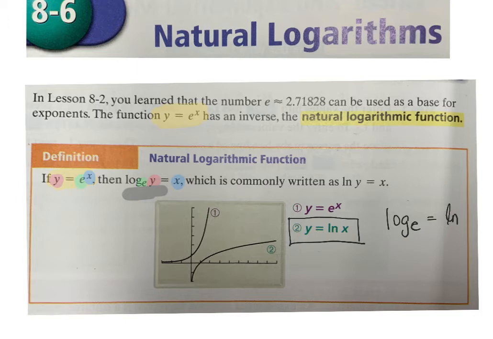And in your calculators, you have a log, that is base 10. And you have an ln, and that is base e, all right? So you have a base 10 and you have a base e. And by the way, change of base formula works for either base 10 or base e.